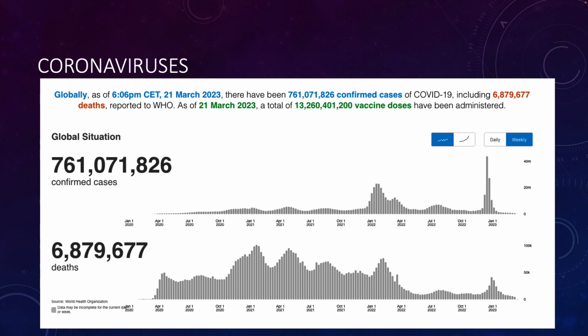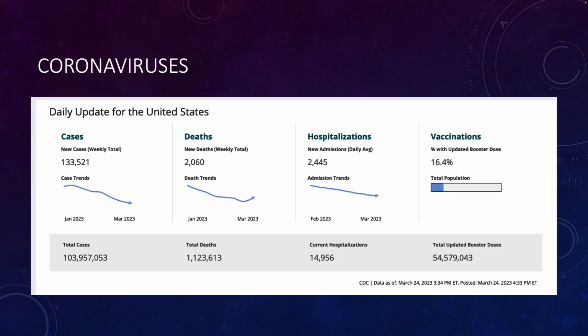So confirmed cases, and then deaths, just under 7 million. In the US, the total confirmed cases is about 104 million. That's just under a third of the entire US population, with over 1.1 million deaths.